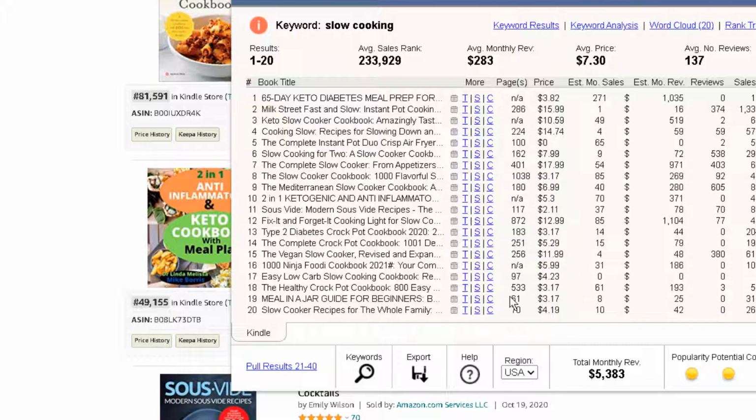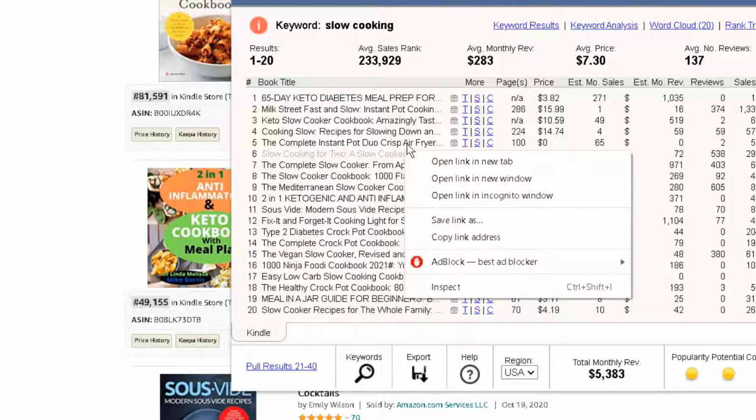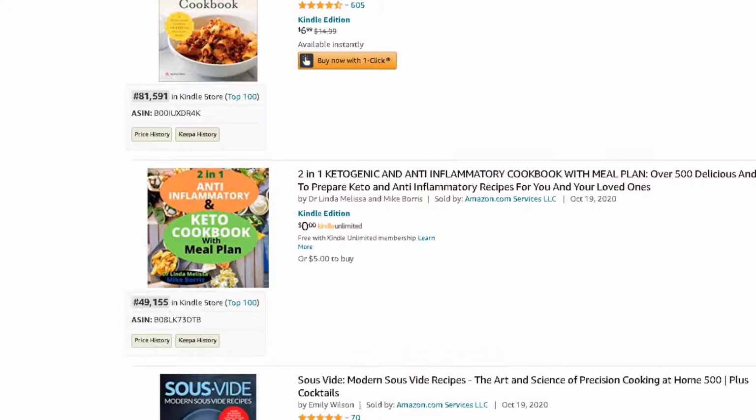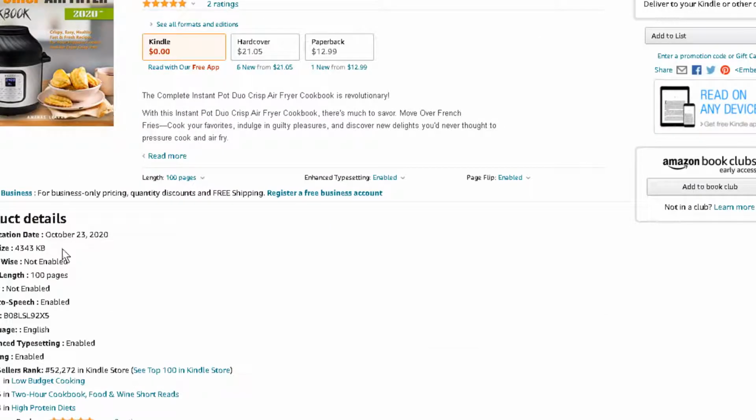Actually, many of these books have a lot of pages, but you also have some books that don't have so many pages and that are performing quite well, like this one as well. This book is performing really well. Not sure if this book was published recently, but this is a book that was published recently.